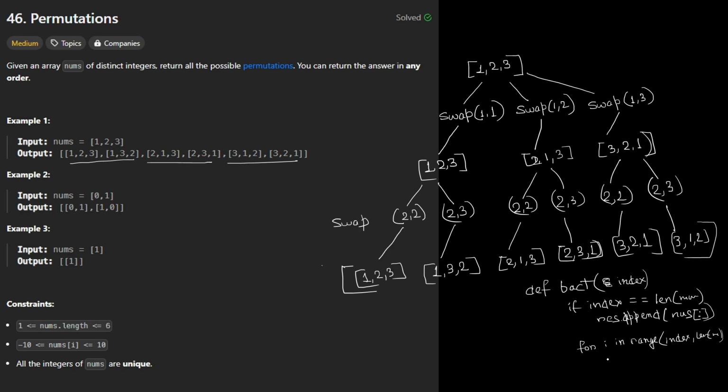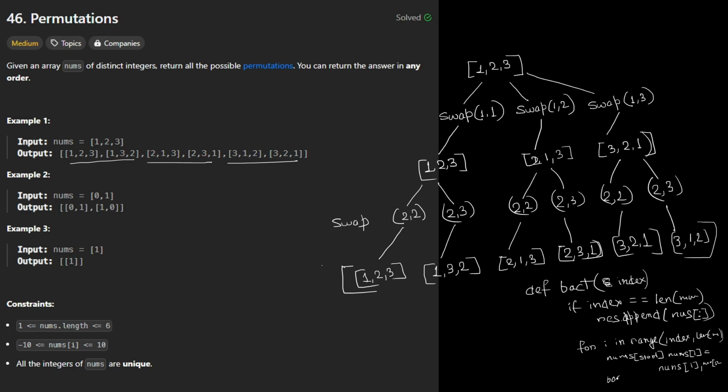The first thing I'm going to do is swap the values, so nums of start and nums of i equal to nums of i and nums of start. So here you can see how the swapping is happening.